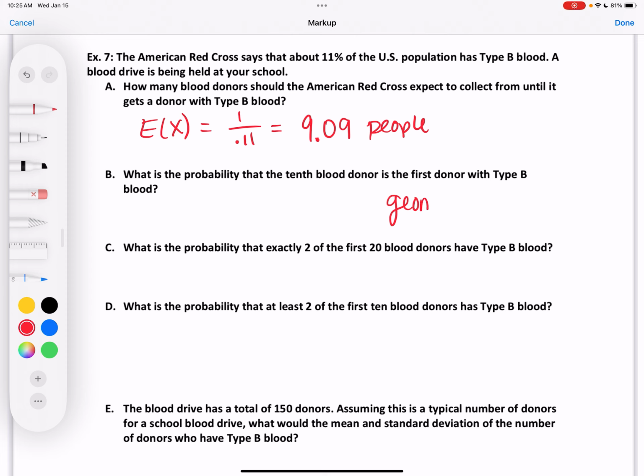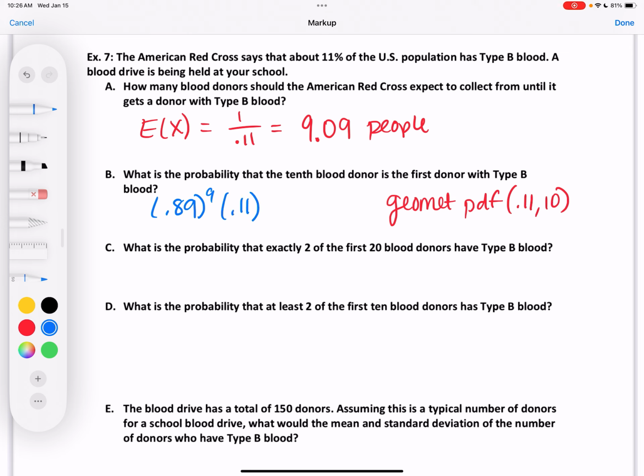It is geometric PDF of 0.11 and 10, because it's the probability that the 10th person is specifically the one person we're looking at, and nobody before. Or if we were going to do it the other way, 0.89 to the 9th times 0.11.